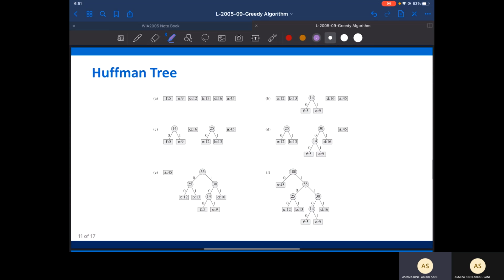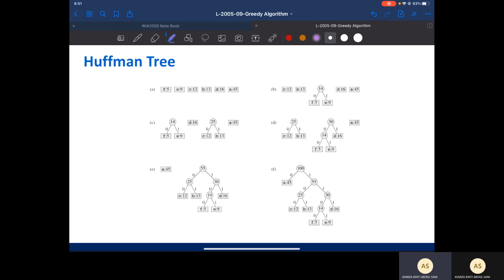All right, so let's look at this example. I normally prefer to write it in the form of a table.